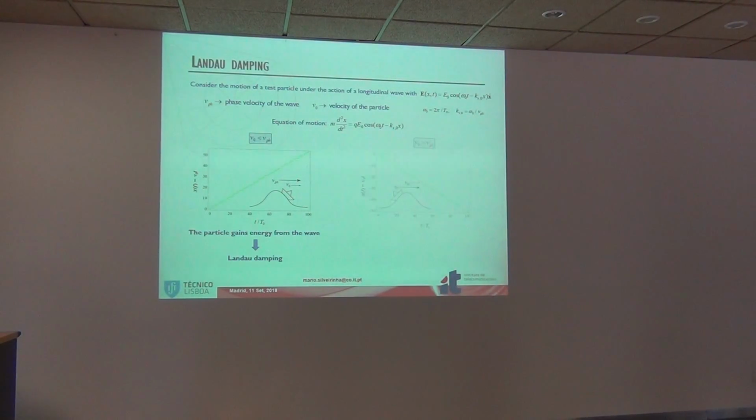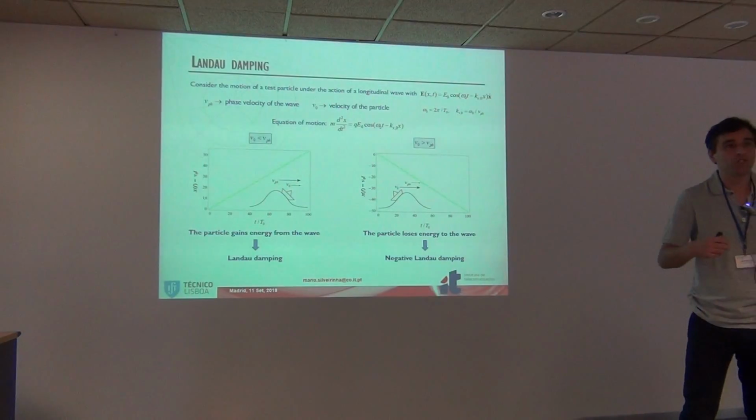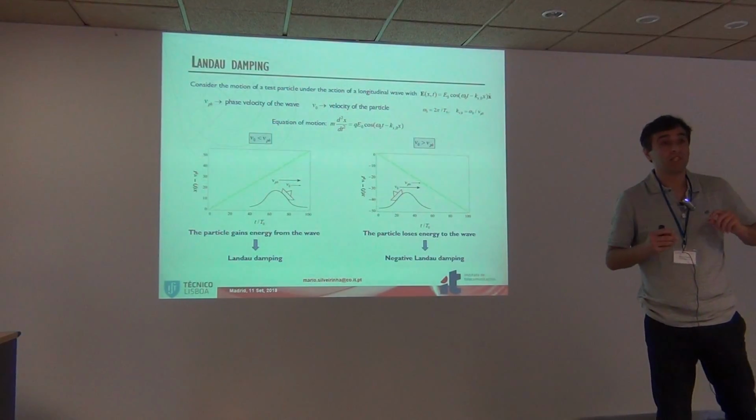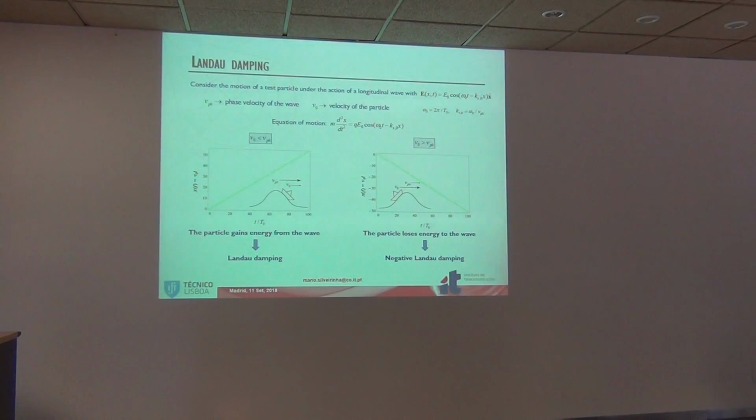The situation changes if you consider instead the velocity of the particle to be a little bit larger than the phase velocity. In this case, you find that the particle goes slower and slower. So basically it is losing energy to the waves. Instead of absorption, you have gain, so the particle is losing kinetic energy and emitting it in the form of radiation.